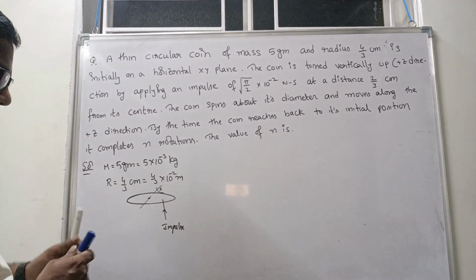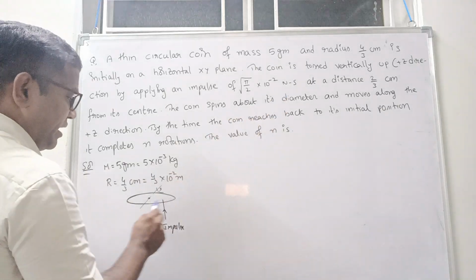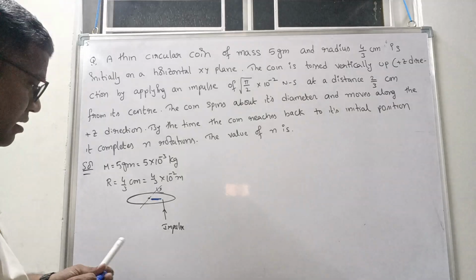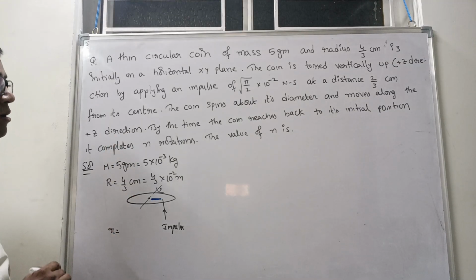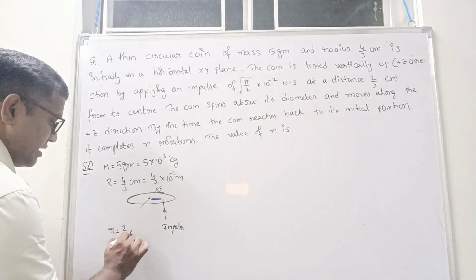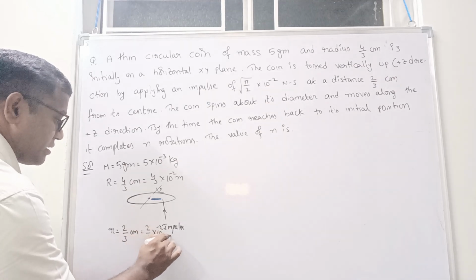And I will write where the impulse is applied. He is saying it is at a distance of 2 by 3. This one I am writing as small r. So small r is equal to 2 by 3 centimeter, which can be written as 2 by 3 into 10 power minus 2 meters.